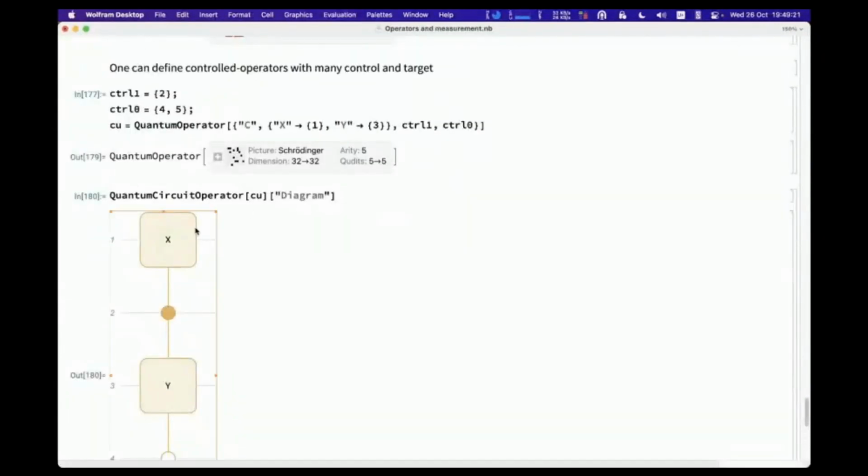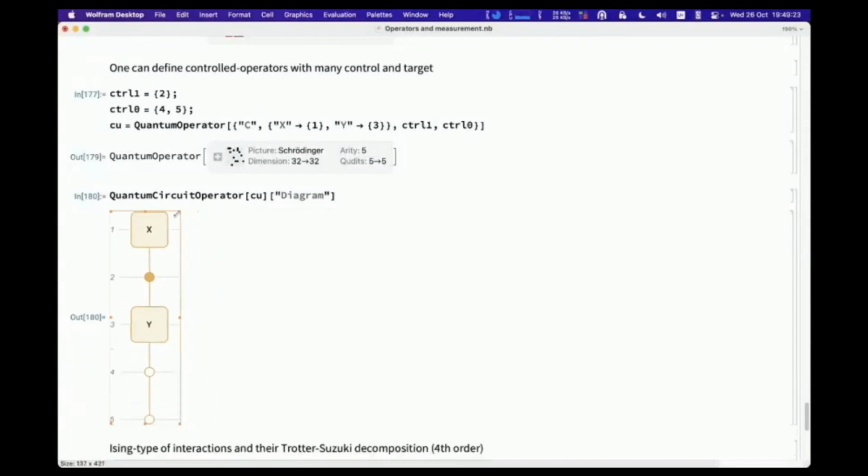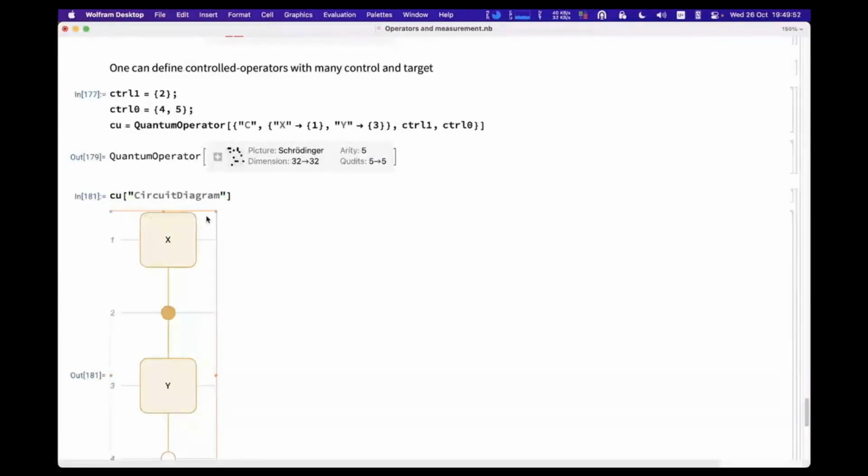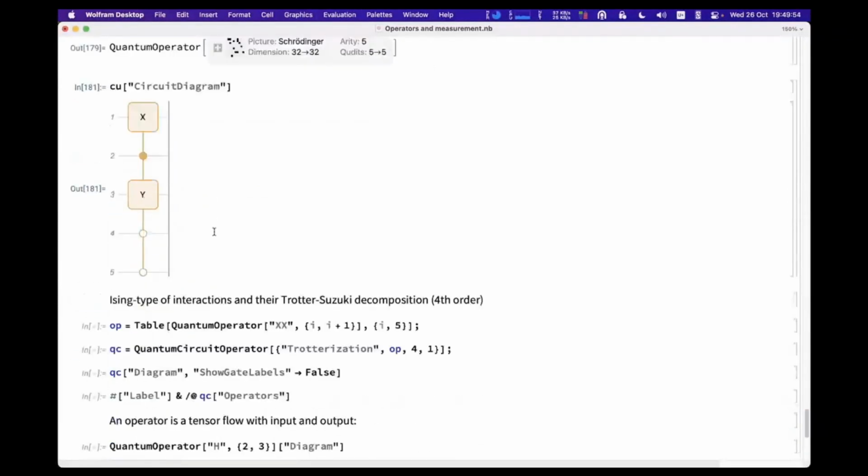You see here we are saying x acts on 1, y acts on 3 if control 1 is 2, control 0 are 4 and 0. So it means if 2 is 1, 4 and 5 are 0, we are applying x and y on qubit number 1 and qubit number 3. So it's a very neat construct for our control operators. And of course, the circuit diagram gives you exactly the same thing.